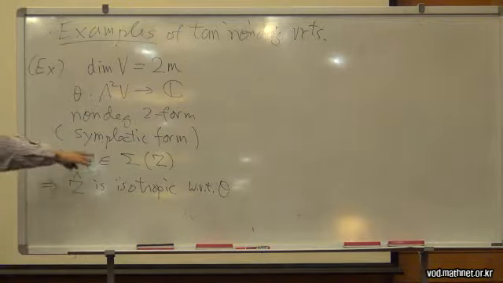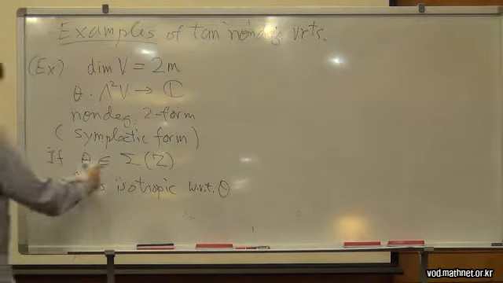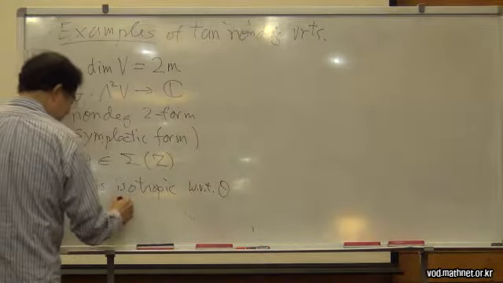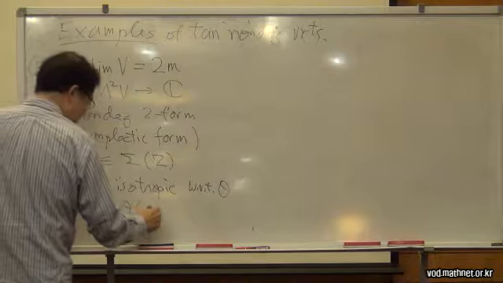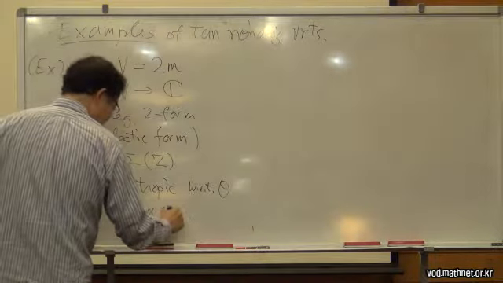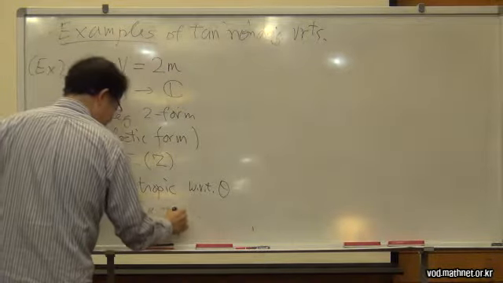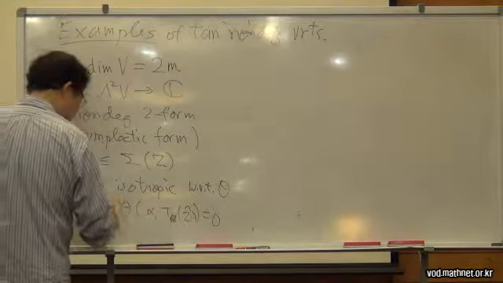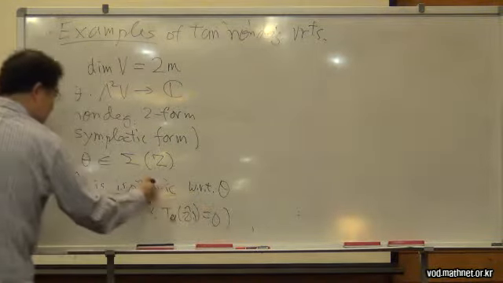I mean, this is just terminology. People call such z an isotropic subvariety. This just means that theta, exactly what we defined, is 0. That's the definition of isotropic.